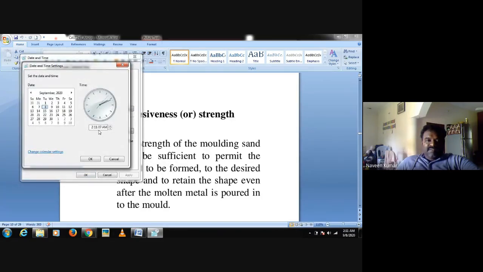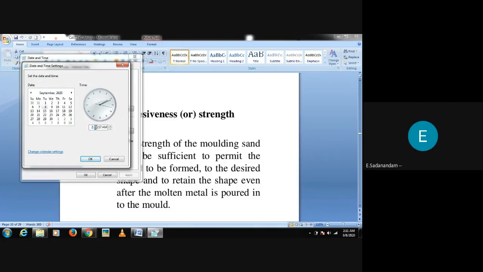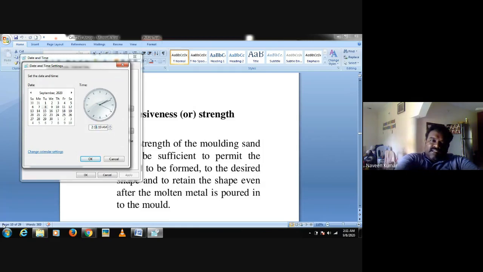Now write down: if density is more, strength is more.